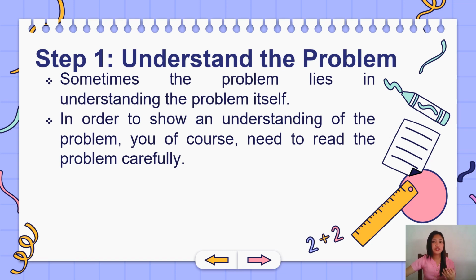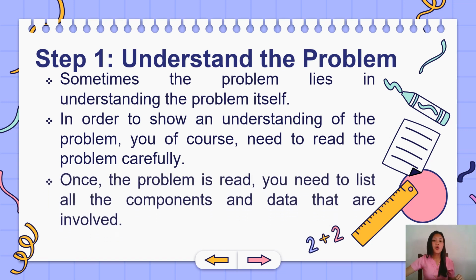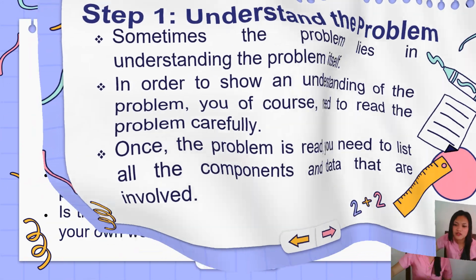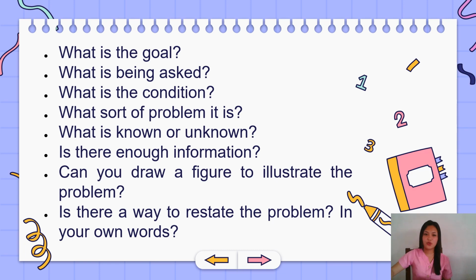We should first read the whole problem, twice or thrice, and after we understand the problem, then we will go through the process to find the solution. Once the problem is read, you need to list all the components and data that are involved. This is where you will be assigning your variables.